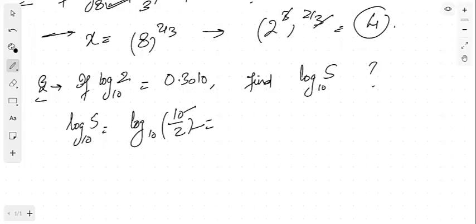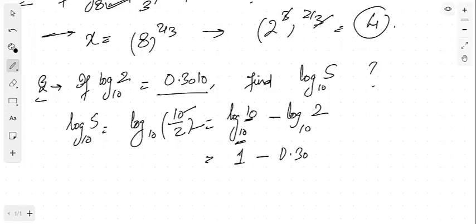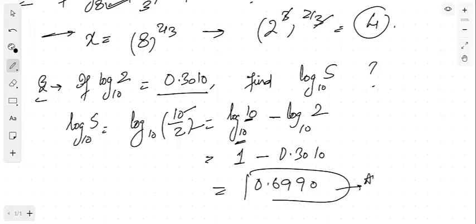When it is division, you can write it as log 10 base 10 minus log 2 base 10. This is the property we have discussed. Now log a base a is nothing but 1, so it is 1 minus log 2 base 10. The value is given in the question, 0.3010, and so your answer will be 0.6990, and this is your final answer.